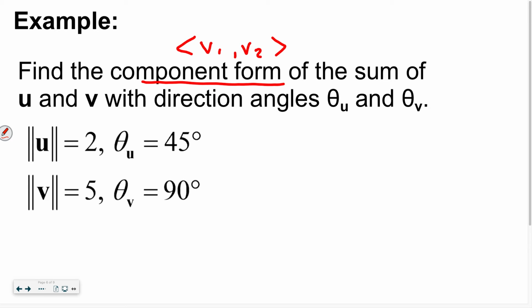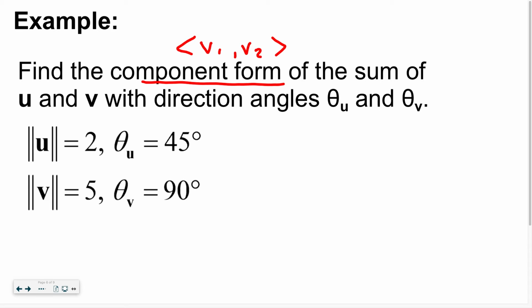Horizontal component, vertical component. I know two ways based on the information that I'm given. I could do terminal minus initial for the x's and the y's, or what we just talked about, magnitude times cosine, magnitude times sine. Those are both different versions of component form.